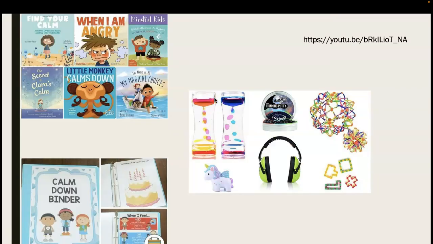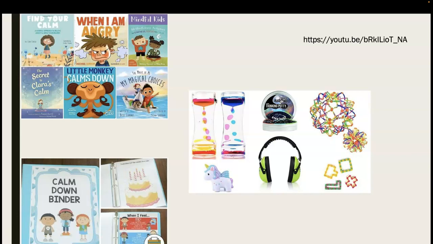Some other things that you might want to consider as a piece of your classroom layout are things that students can use in those quiet down places or chill spots. There are lots of books out there about mindfulness, relaxing, calming down. You can create a binder of activities.